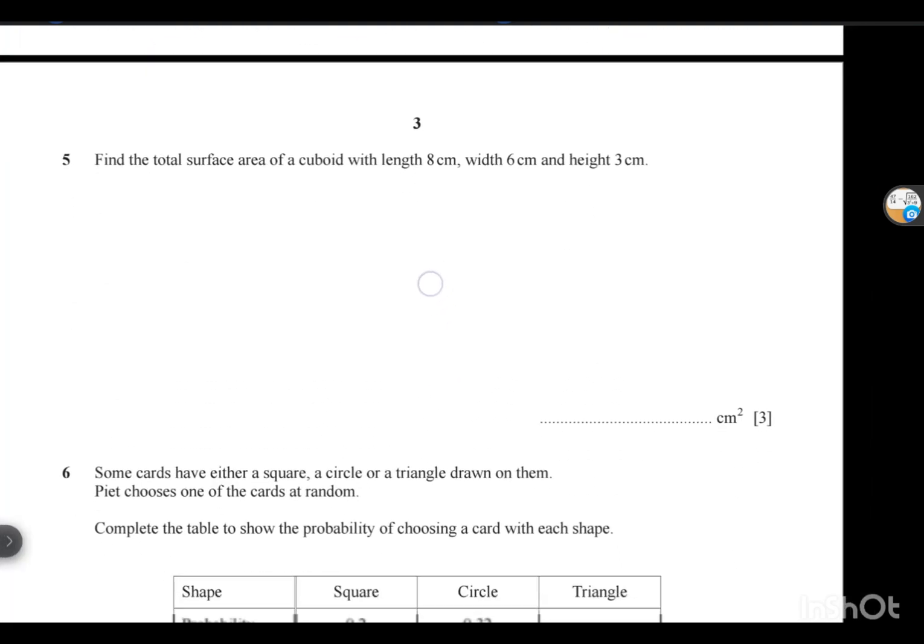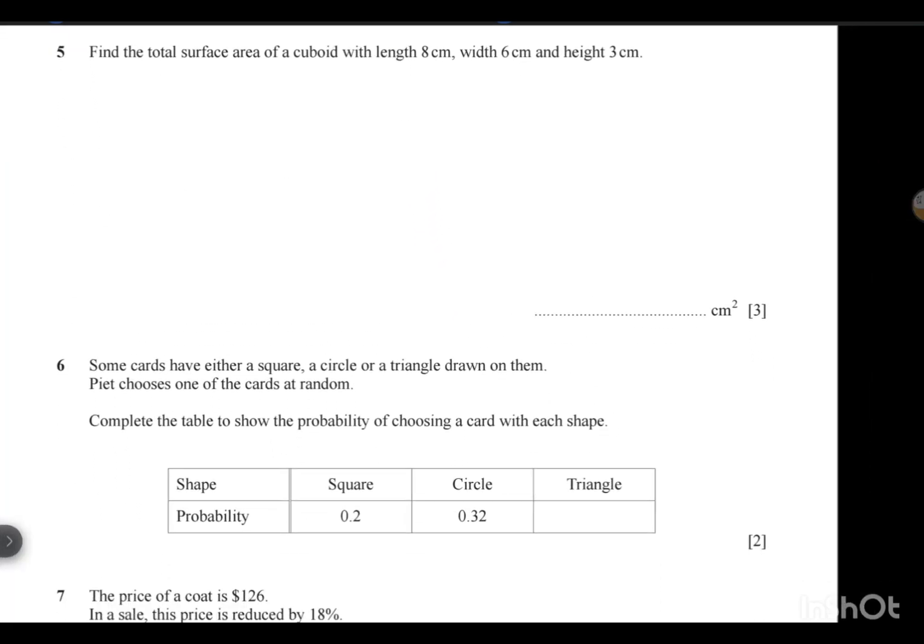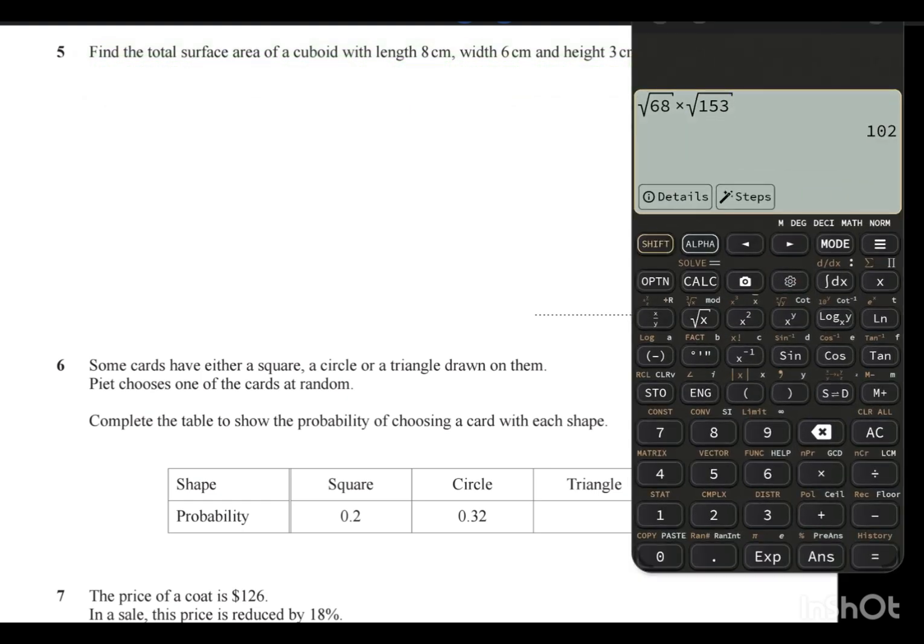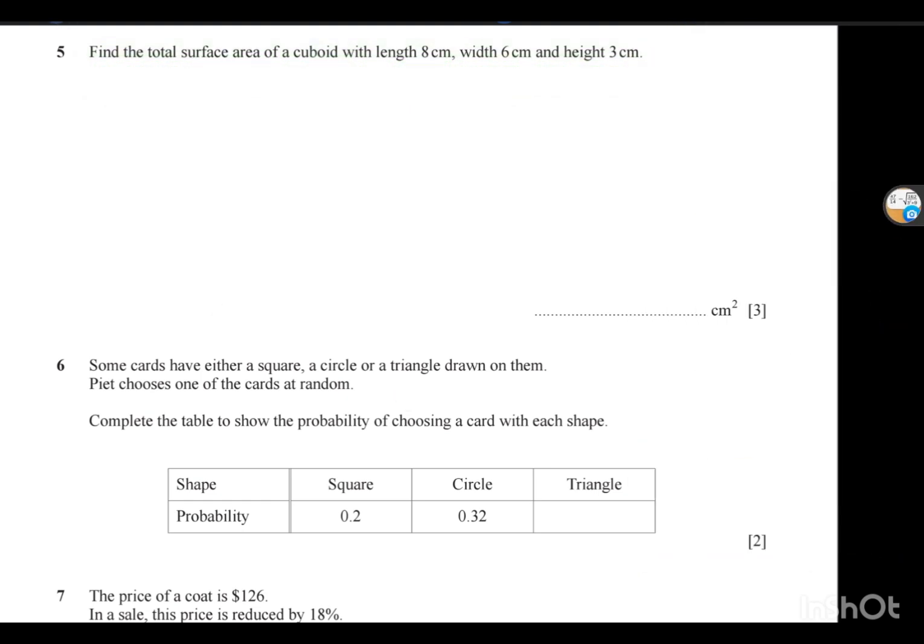Question 5. Find the total surface area of a cuboid with length 8 cm, width 6 cm and height 3 cm. So write down the total surface area formula. Total surface area of a cuboid is 2 multiplied by length into width plus width into height plus length into height.